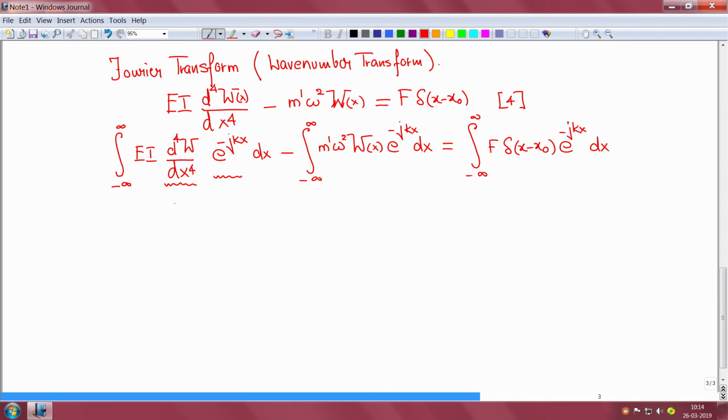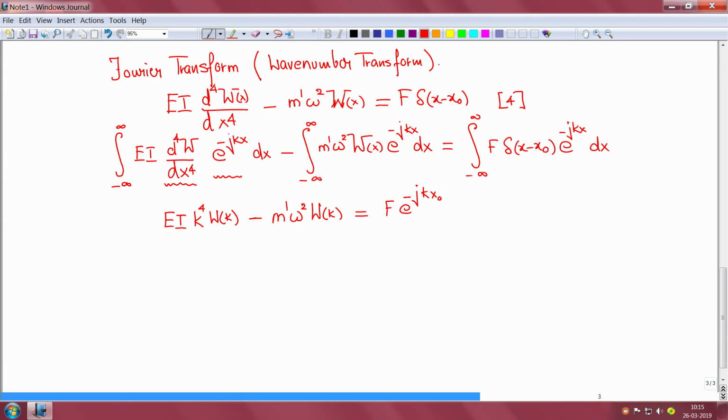So that this ends up looking like EI k fourth W of k minus m dash omega square W of k is equal to, now the delta function property comes in, F e to the power minus jk x naught.